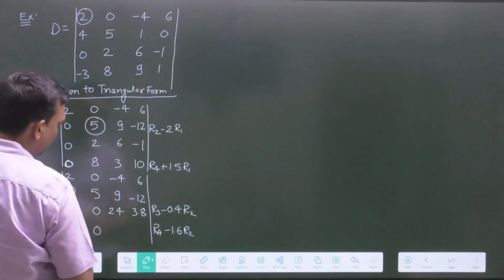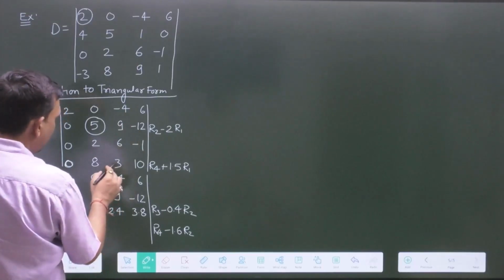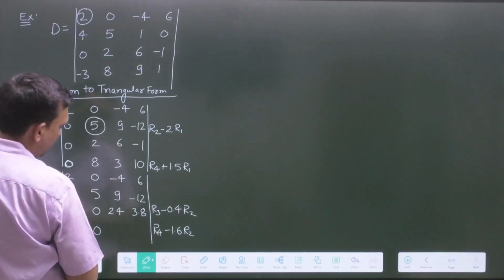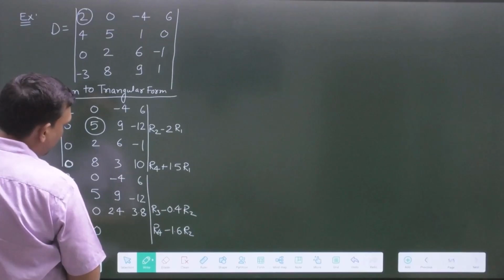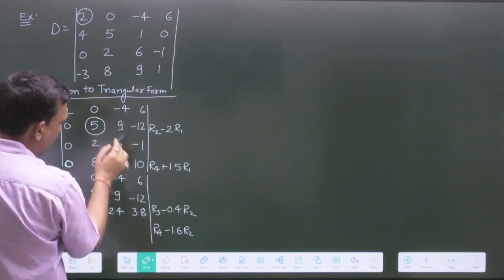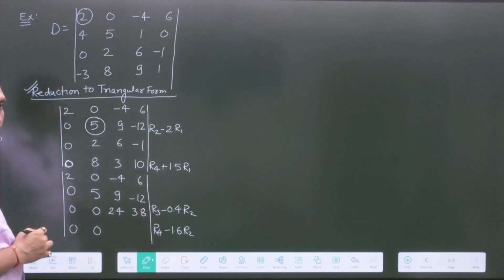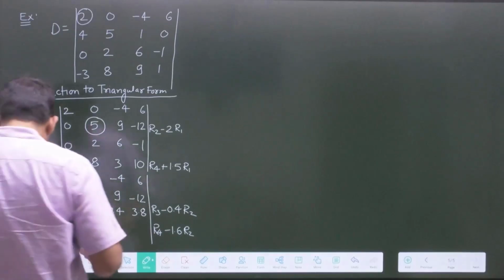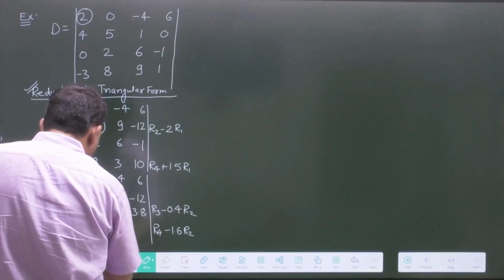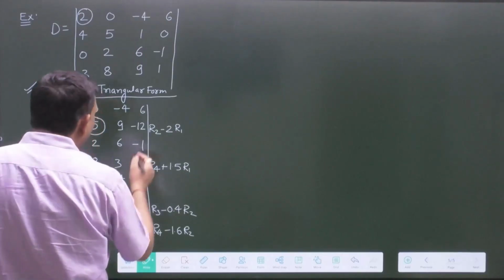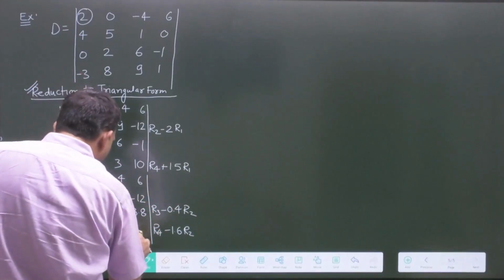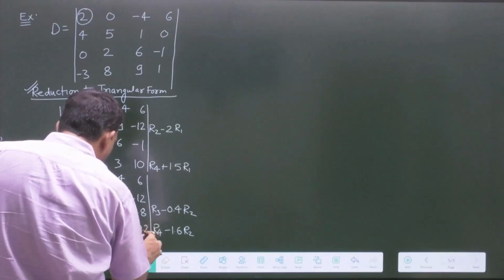And what will this value be? 9 into 1.6, so 3 minus 9 into 1.6 is minus 11.4. And what will this value be? 29.2. You have to check these values.